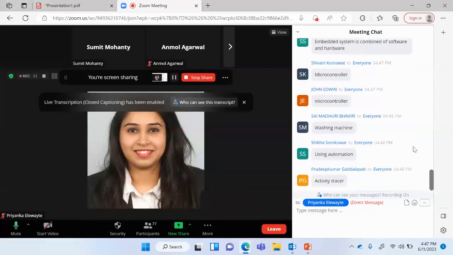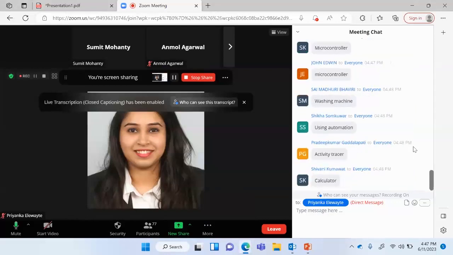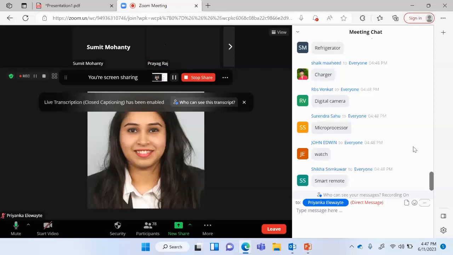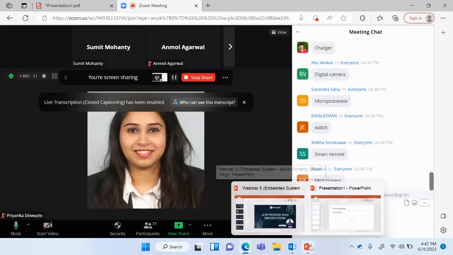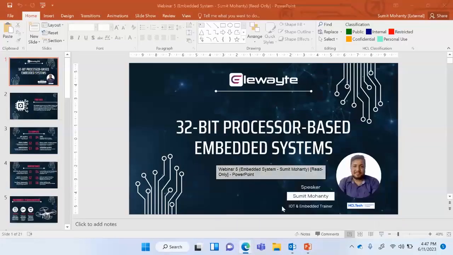Yeah, great. A washing machine is an example. An activity tracker is also an example. Smart refrigerators are also an example. Smart remotes are also an example. Great. Microwave ovens are also an example. So these are a variety of things which are examples of embedded systems.